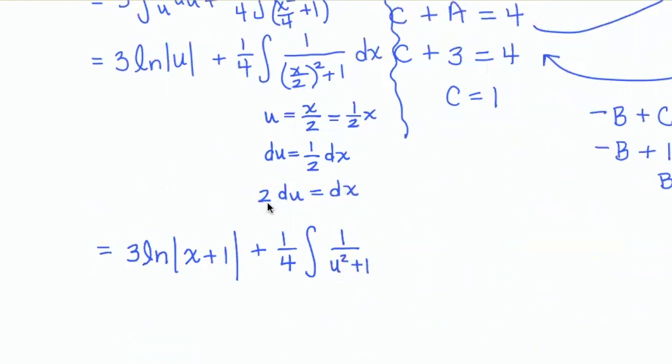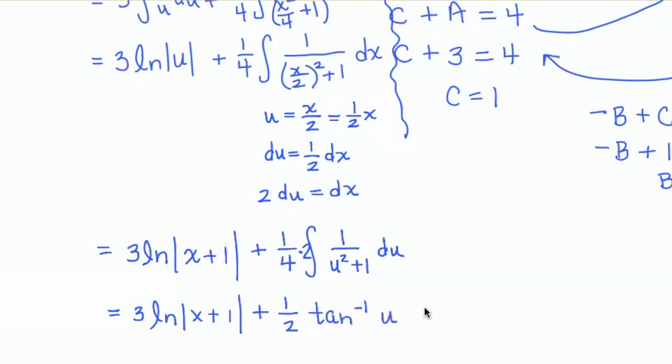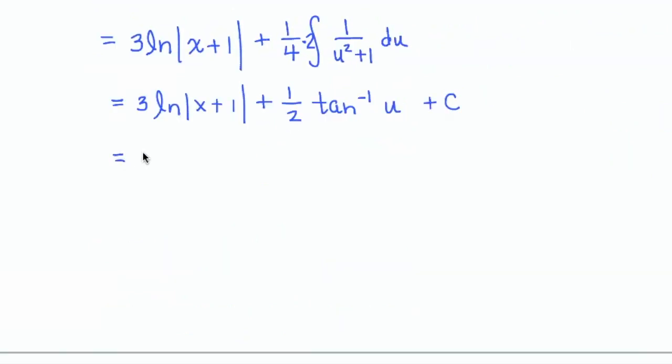Now dx equals 2 du, so I have to put a du here, and I need to get another 2 out in front. 1/4 times 2 is 1/2. And now this integral is the inverse tangent of u. I finish by substituting my original u back again, and I've reached the finish line.